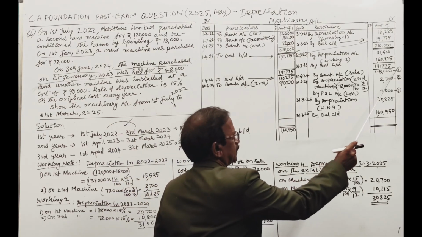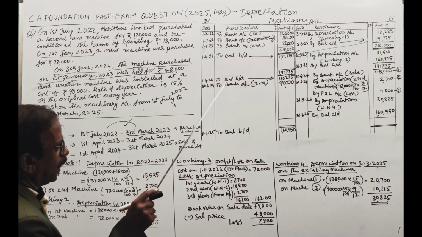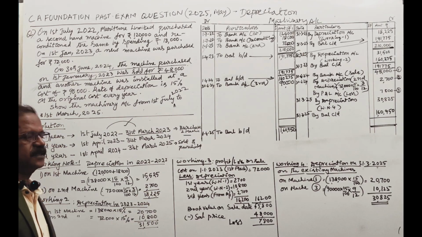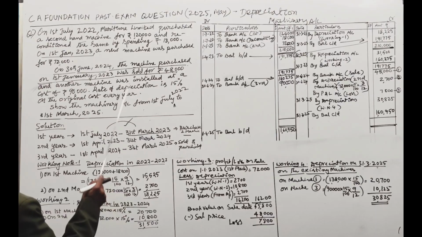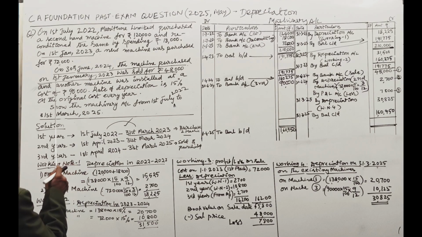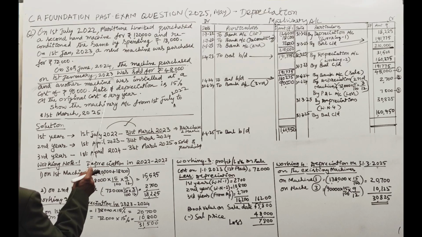That is the first point at the time of sale. The second point, on the date, you must calculate the depreciation on the machine which is sold. The machine which was purchased on 1st January 2023 was sold for 48,000.